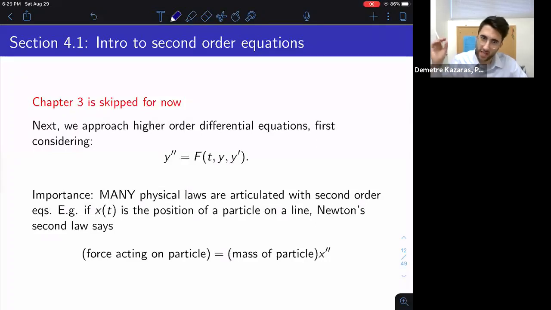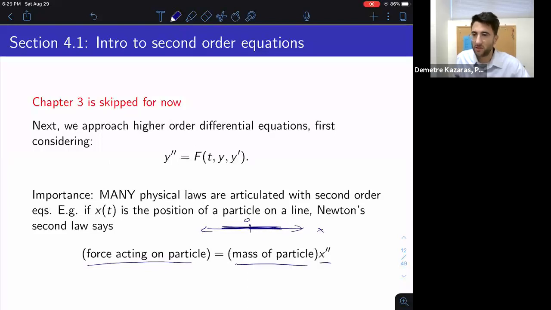If you act on something with a force, then the resulting acceleration you can compute with this formula. If you think of x as the unknown function, so you have the x-axis here, 0, and some particle moving to left and right that you're acting on, then it says that the force that you're acting on the particle with is equal to the second derivative of x times the mass of the particle, which is a second order equation.